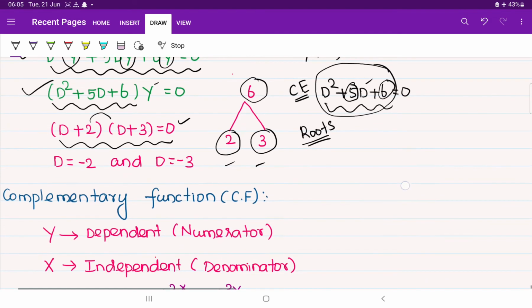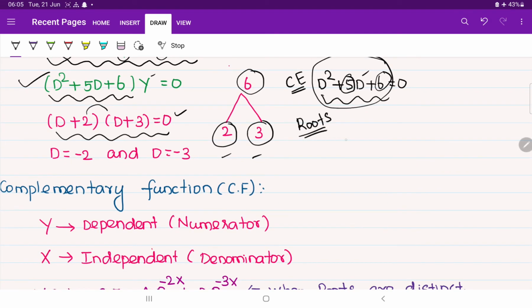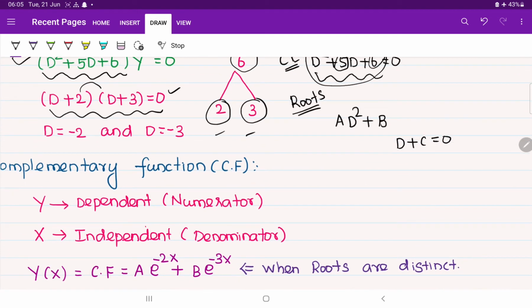We know when an equation exists in this format, a times D square plus b times D plus c equal to 0, then the formula to obtain the roots of D is minus b plus or minus square root of b square minus 4ac upon 2 times a.